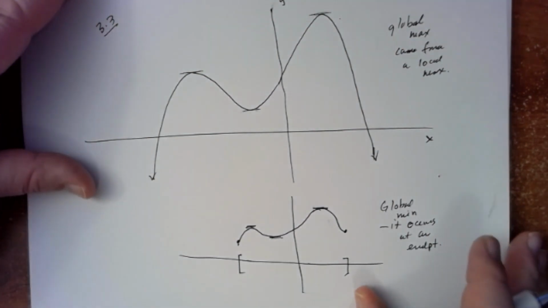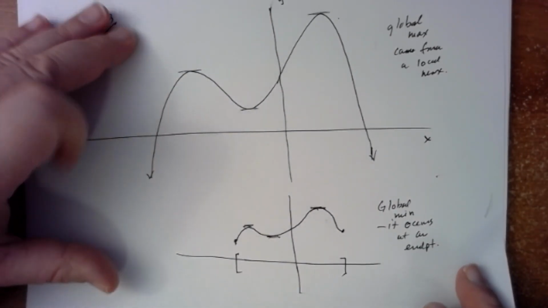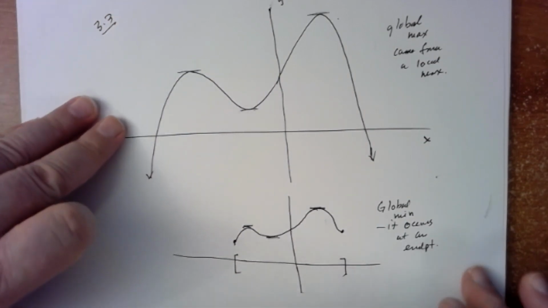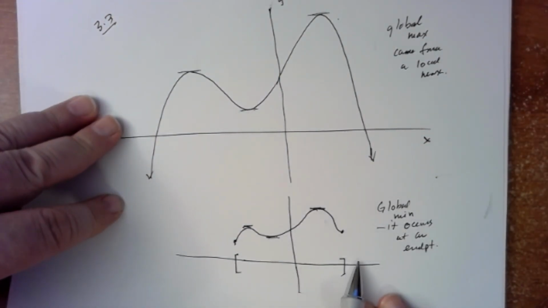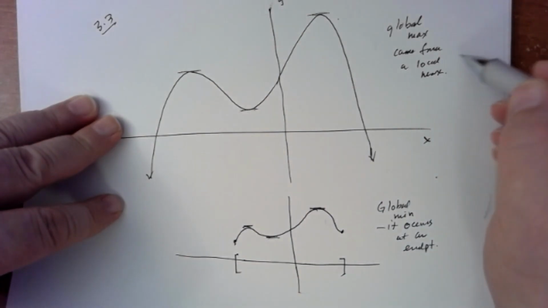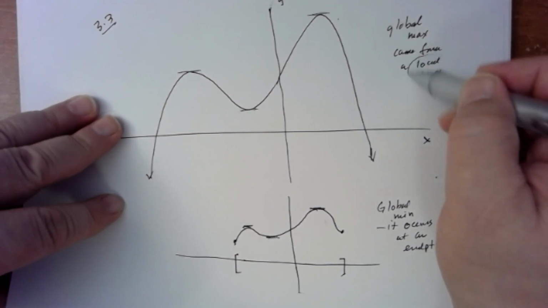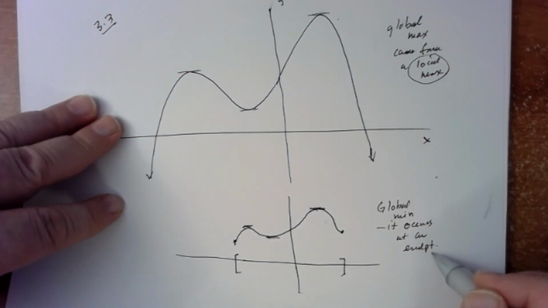So we see here that when I'm looking for a global max and global min for a function on a closed interval, I have to check two sets of points. One set of points is where we have local extrema, and the other set is the endpoints.